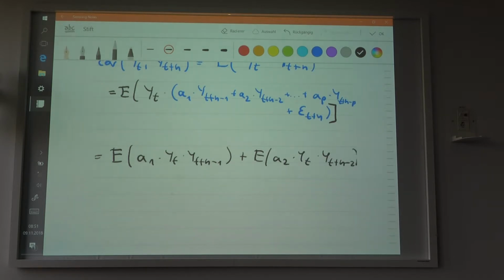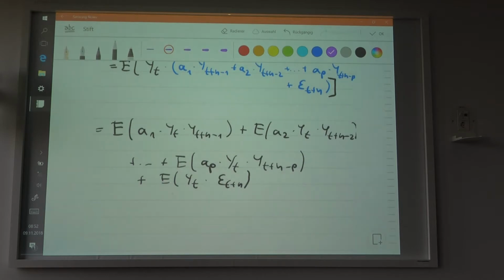And then the last one from the process is ap times yt times yt plus h minus p. And then you have the expectation of yt times epsilon t plus h, for the noise too.